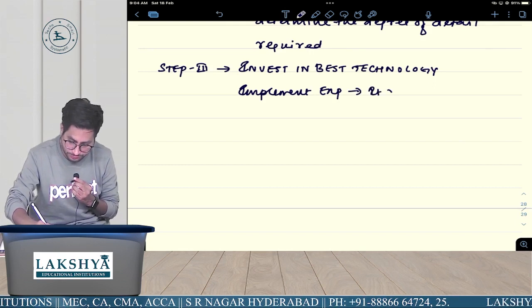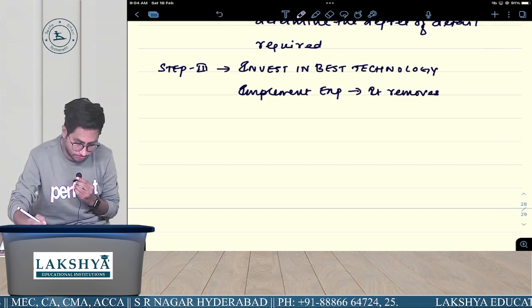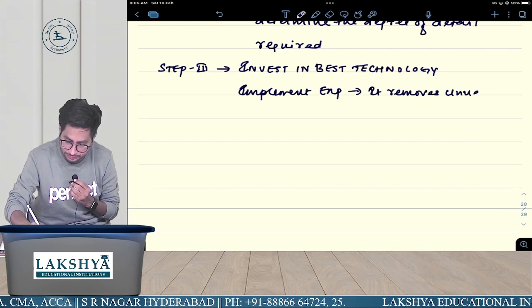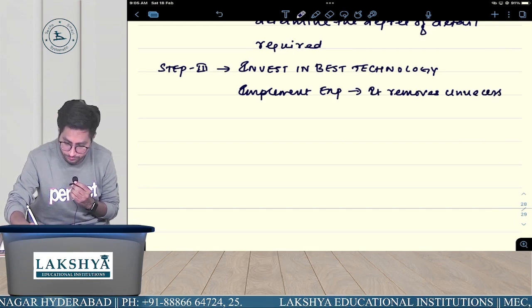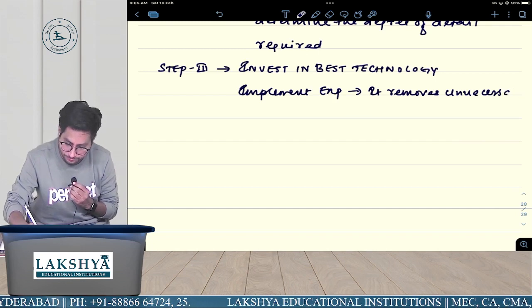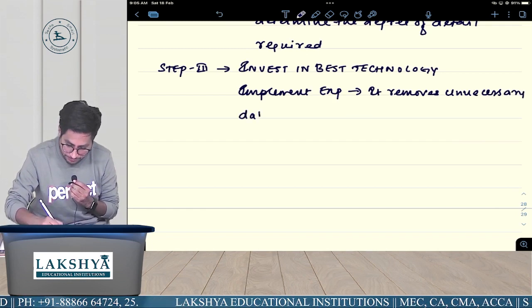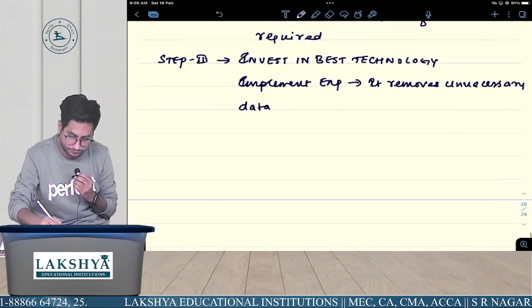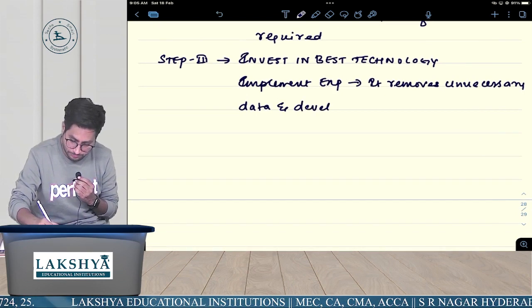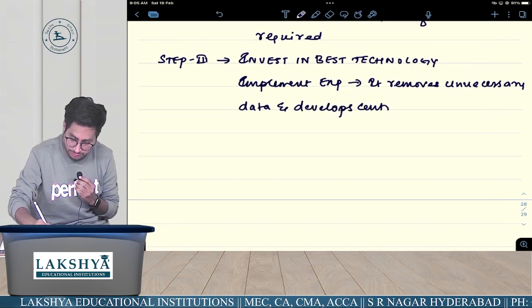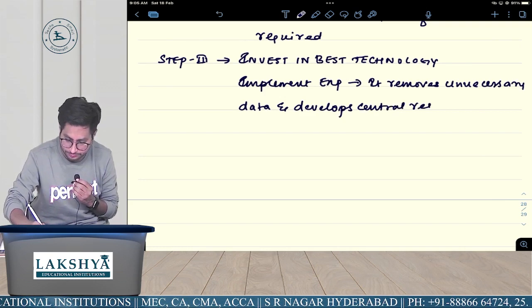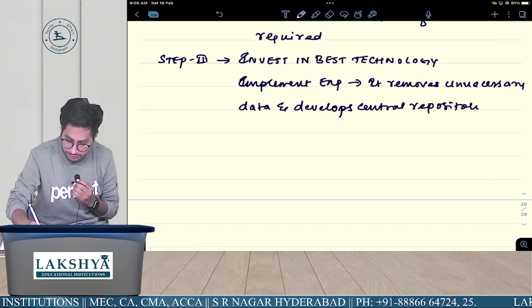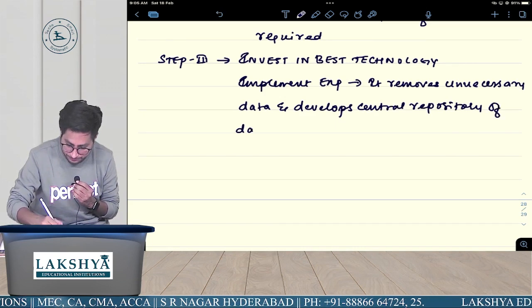It removes unnecessary data and develops a central repository of data. Clear?